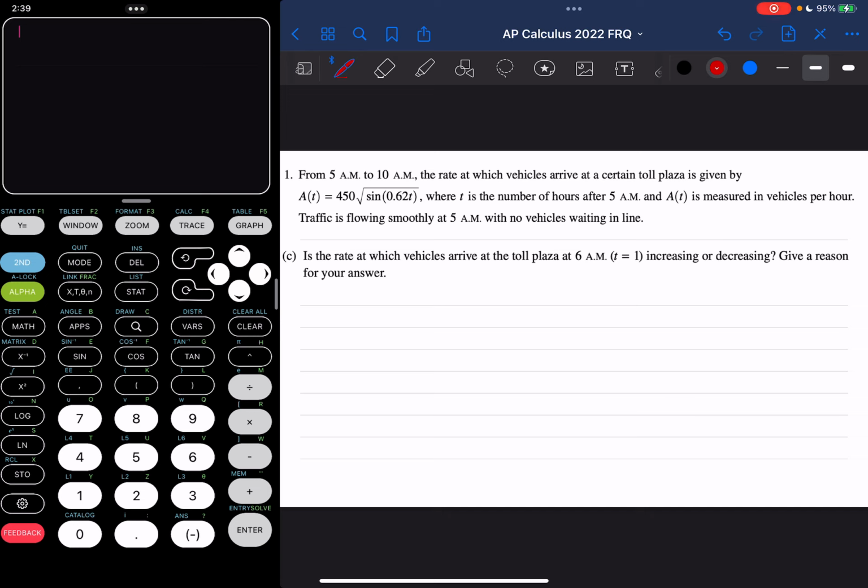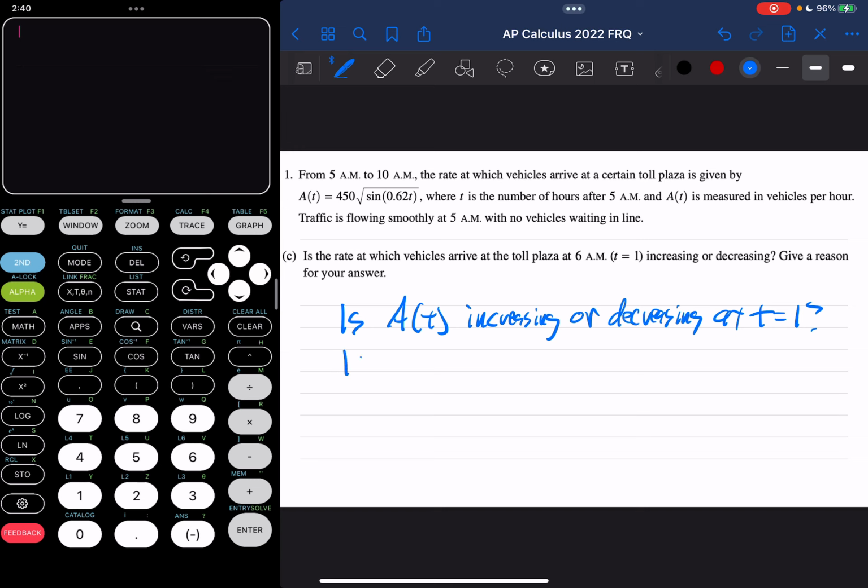Part C. Here it says, is the rate at which the vehicles arrive increasing or decreasing? So it's asking, is the rate, is A of t, increasing or decreasing at t equals 1? That's the question.